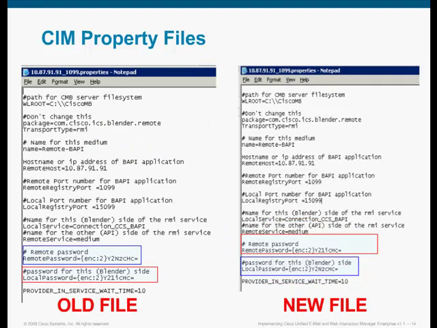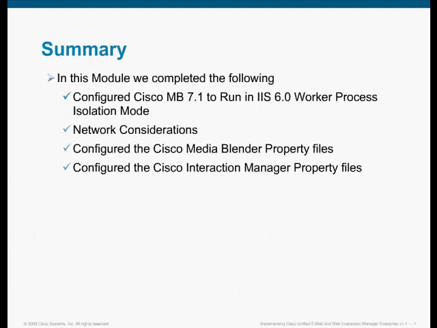Here on the left we have the CIM property file prior to modifying the passwords, and on the right we have the property file after the passwords have been modified. Also note, you will need to configure the IP address and the registry port of the Cisco Media Blender server in this properties file. And again, the default port for Cisco Media Blender is 1099.